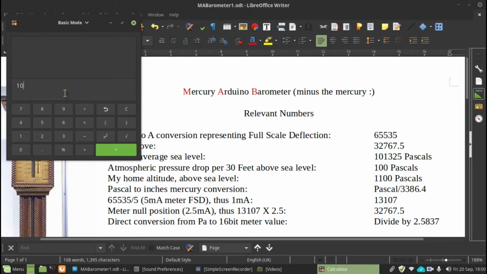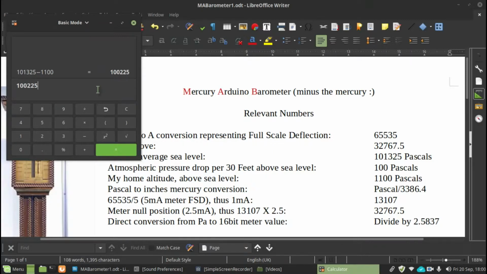So it's 101,325, and take away from that, because whenever you climb up in altitude, the barometric pressure goes down, 1100, and what does that equal? It equals 100,225.